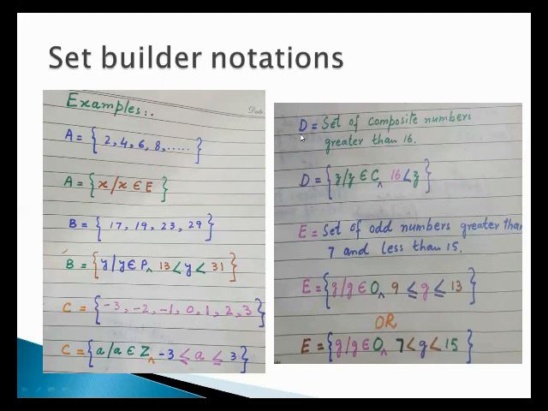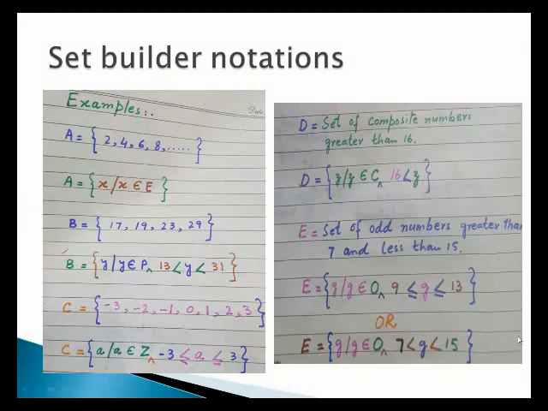Now set D. Set D is a set of composite numbers greater than 16. So it can be written as Z such that Z belongs to C, where C is the set of composite numbers. So we use capital C here, and it means and 16 less than Z.